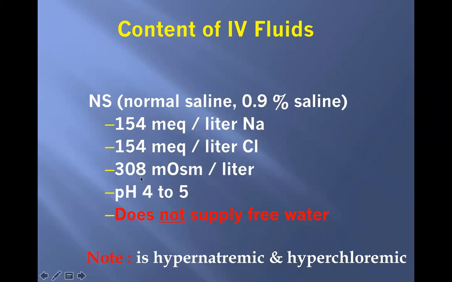The osmolarity is about 300, pH 4 to 5, which means an acidic solution. And this type of fluid does not supply free water. What does it mean? This type of fluid does not supply free water.